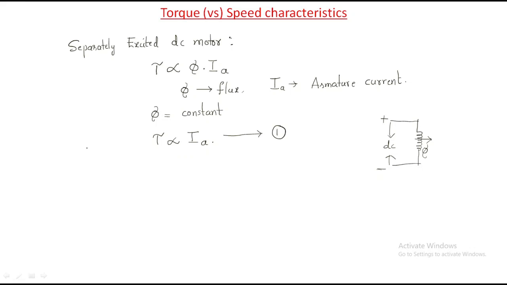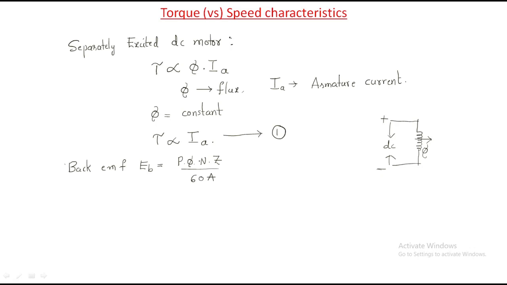Next, speed characteristics. In order to understand them, what is the formula for the speed? The speed formula can be obtained from the back EMF or generated EMF. The formula for back EMF is EB equals P phi NZ by 60A.